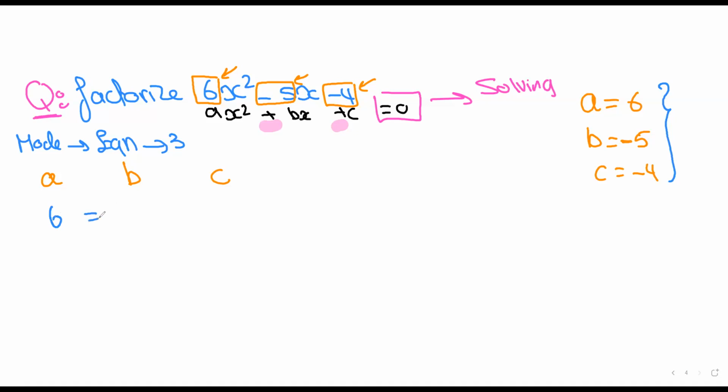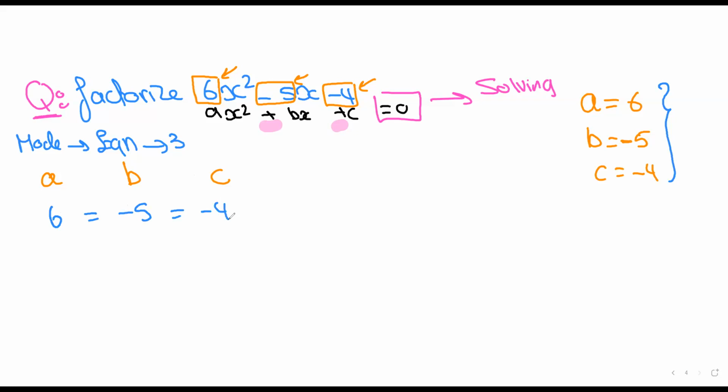Then press equal, so it moves down to the A. Then press -5, and then press equal. Sorry, I'll do it again from the start. So 6 equals, -5 equals, and then the C, -4 equals.